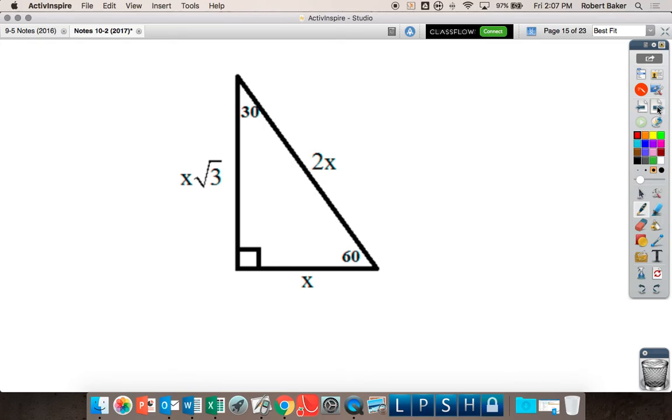What's going to happen on Monday is we're just going to do a small piece of writing about these triangles. And then we'll move on to the 30, 60, 90 stuff. Or, scratch that.